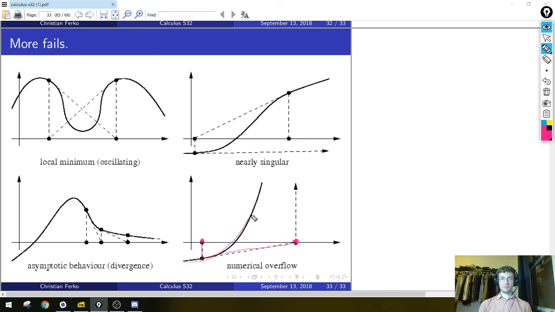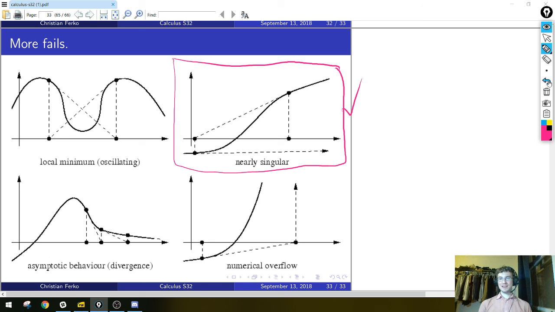But unfortunately, the function gets very large. So I try to find the tangent line approximation, and my computer blows up because I try to create a number which is larger than the amount of RAM that I have because this thing gets really big. So this is an overflow error, numerical overflow. So all of these happen. I've personally mostly had problems with the singularities, but the others do happen apparently.